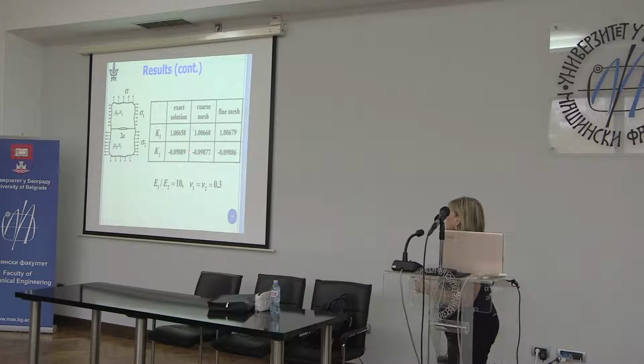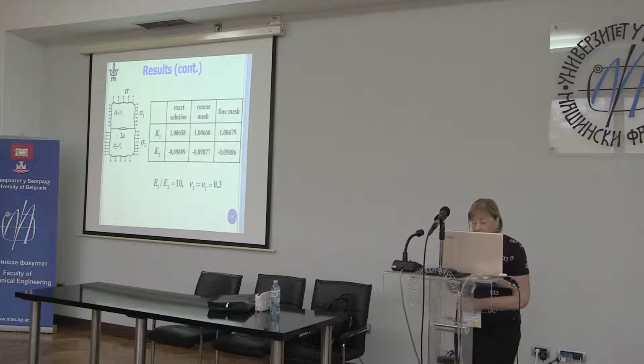And you can see that with the coarse mesh and the fine mesh, we did very well. As you increase the difference between E1 and E2, it gets more difficult to get a good solution. So if you want to see how well your finite elements are working, make this 1,000, and you'll see how well or poorly you're doing.